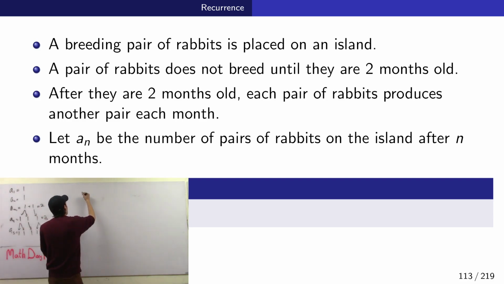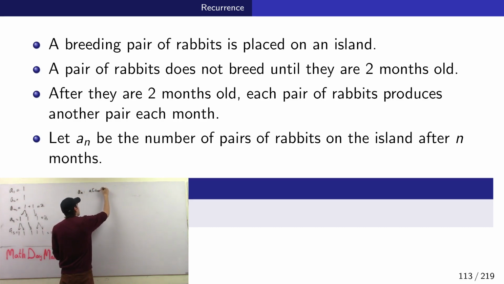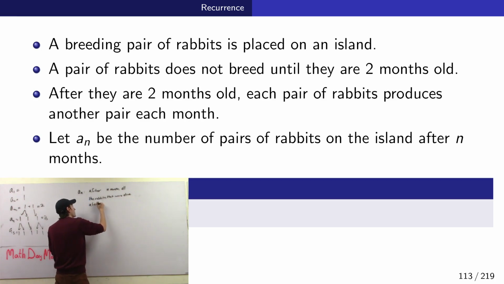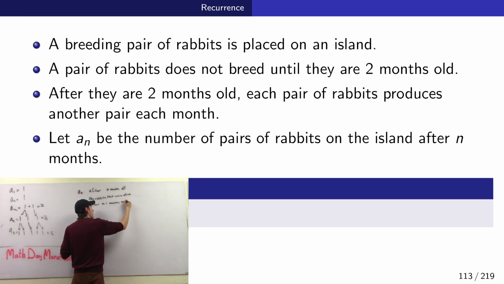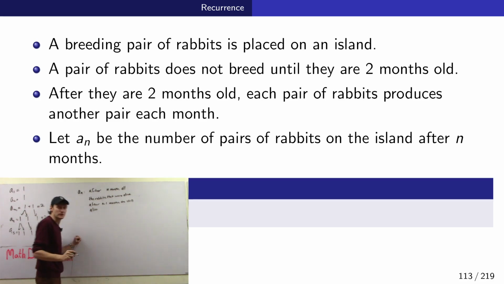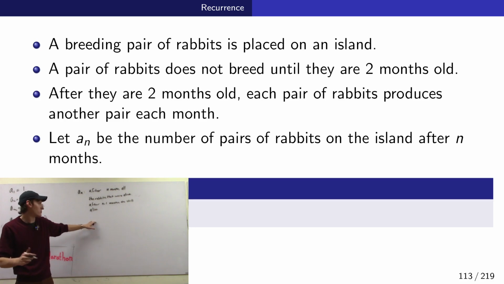So in general, now let's look at a sub n. So we think that after n months, all the rabbits that were alive after n minus 1 months are still alive. Okay? So we have that many from the previous month.